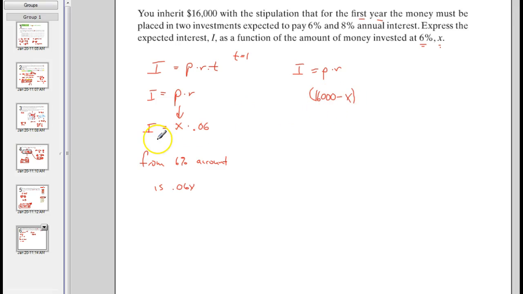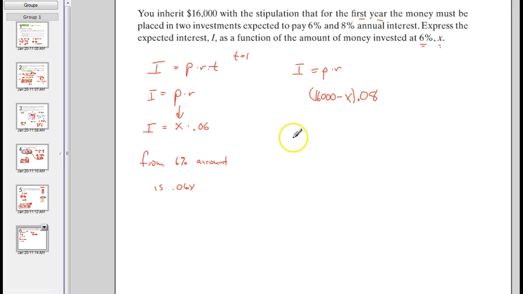If I put in 8,000 here, I've got 16,000 minus 8,000, so 8,000 goes here. 12,000 from 16,000 is 4,000. So whatever I put in here, 16,000 minus that is what I have to put in here, times 0.08, which is the rate here.